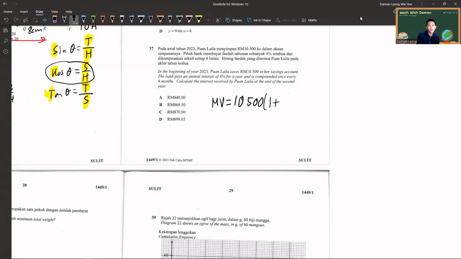So 4% means 4 divided by 100, 0.04 over N. N setiap 4 bulan. So every 4 months in 1 year, 4 months can happen 3 times. Satu tahun ada 12 bulan, maknanya 12 bagi dengan 4, 3 kali. So power N times T, 3 times 2 years.